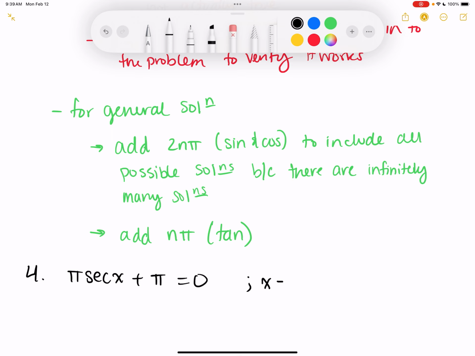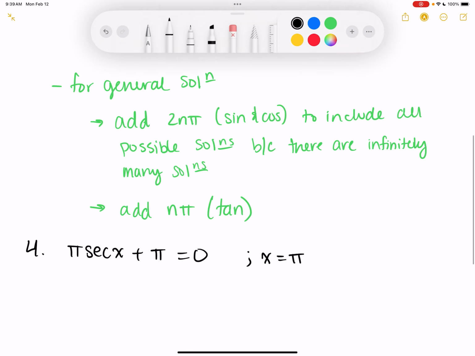And they say that x is equal to pi. So they're basically saying when they worked that equation out, x was equal to pi, and so we want to verify that pi is in fact the answer, and not extraneous. So I plug pi in for x, so pi times the secant of pi plus pi equals 0.